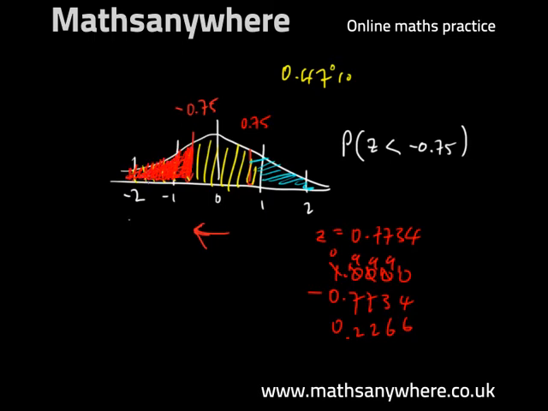And we've used it by using symmetry, the equivalence of the areas under the graph. We've said that this blue area is the same as the red area to complete that calculation.